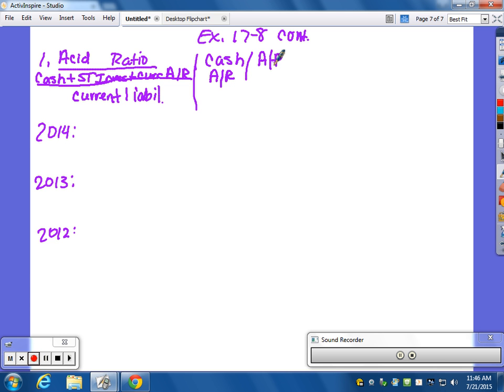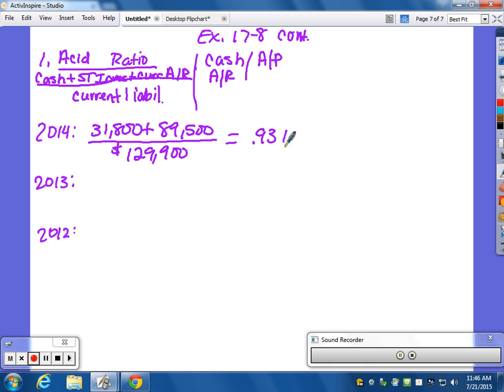For 2014, what's your cash? 31,015, plus your receivables, 89,500, divided by your liabilities, 109,900. So your asset test ratio for 2014 is 0.93 to 1.